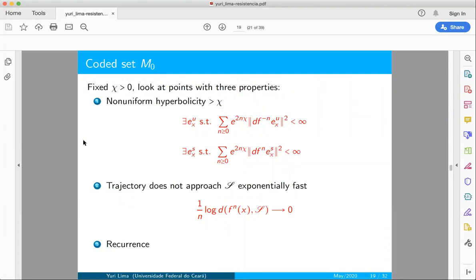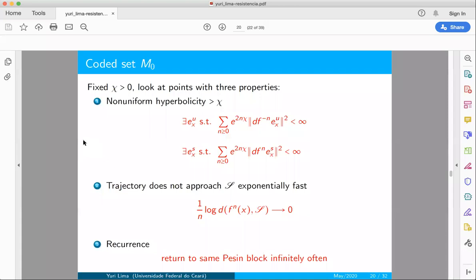And property 3 is in some sense more technical because it actually depends on a bunch of parameters that I would need to introduce, but I would just explain it in broad terms. The recurrence that we require is some sort of return to a same passing block infinitely often in the future, and the return to a same passing block, perhaps different from this other one, infinitely often in the past.